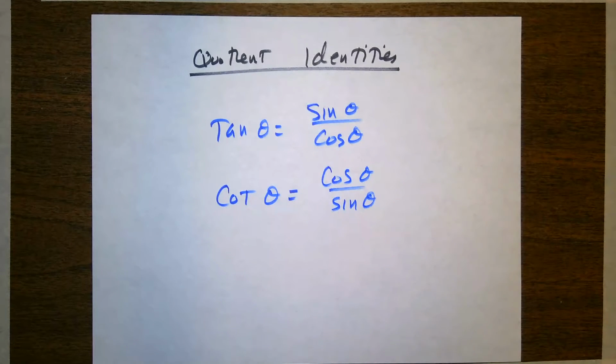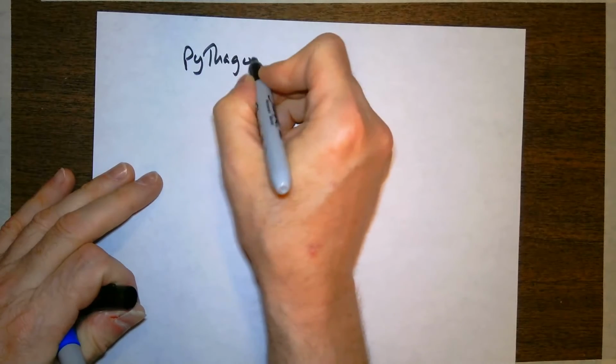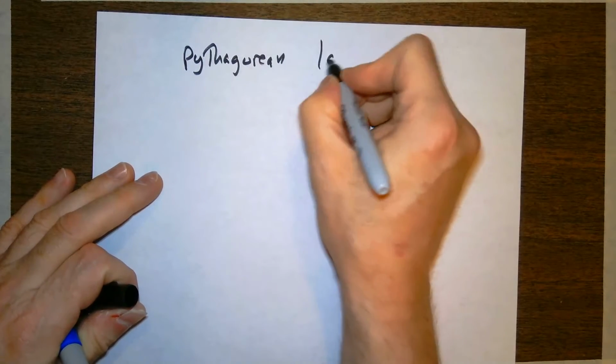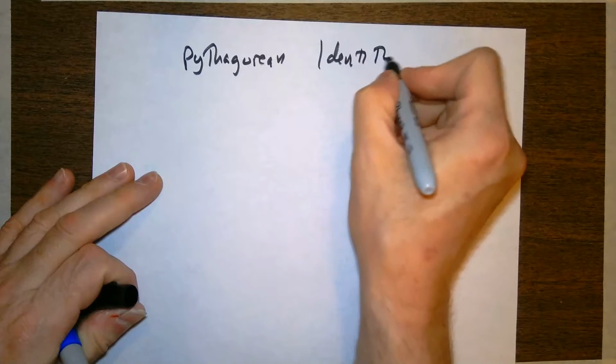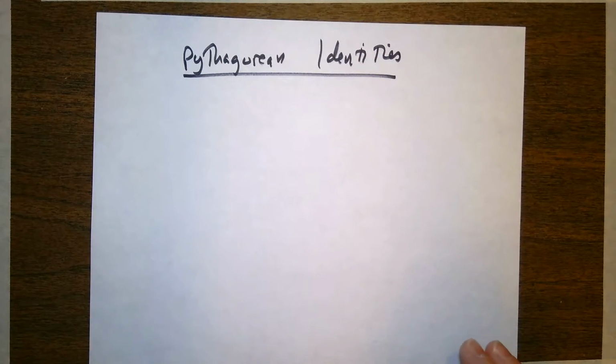The next is the Pythagorean identities. There's 3 of these.